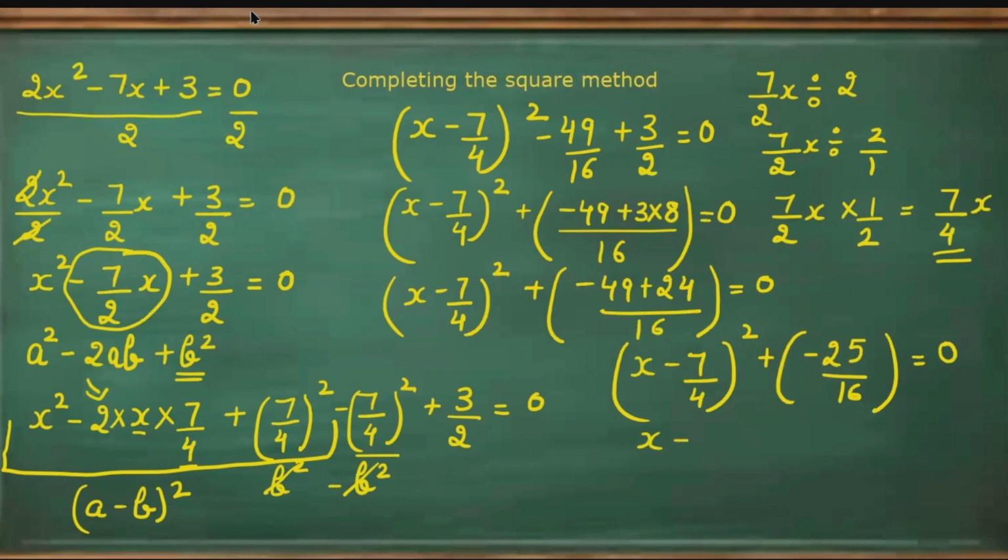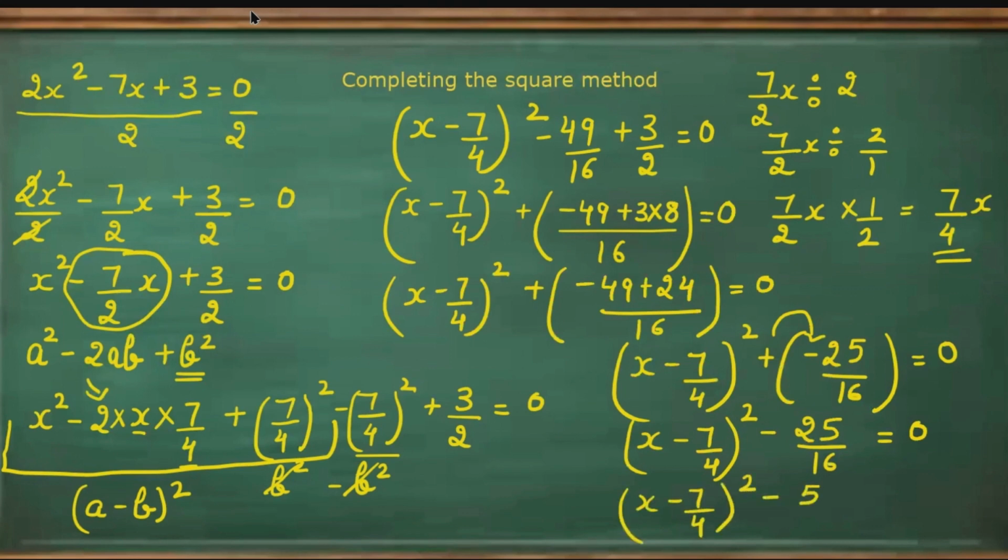This can be written as x minus 7 by 4 whole square, plus into minus is minus, 25 over 16 is equal to 0. So x minus 7 by 4 whole square minus 5 by 4 whole square is equal to 0.